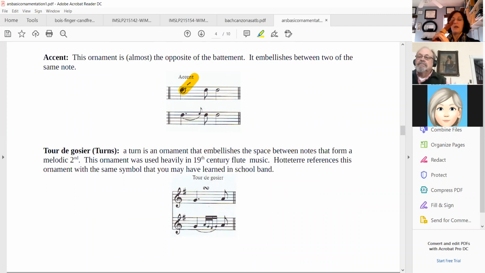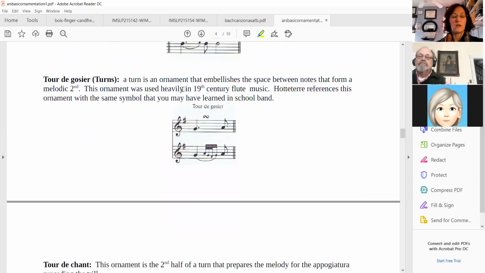And what you do is a quick little hop up to the next note in the scale and then hop back down to the principal notes. I'm going to bet my bottom dollar that that ornament has its roots in folk music. So if you see that little sideways slash, that is the accent. That is how they embellished several repeated notes in a row.